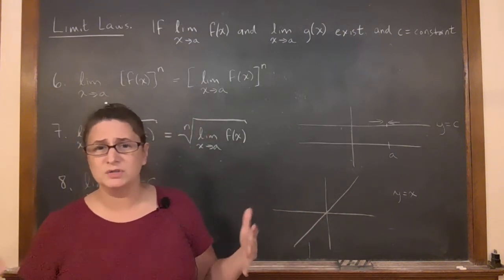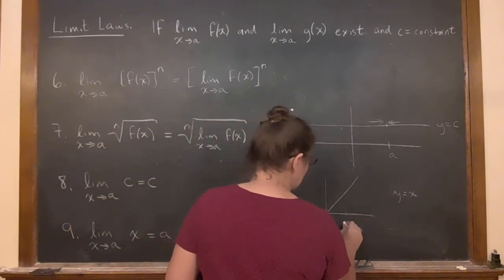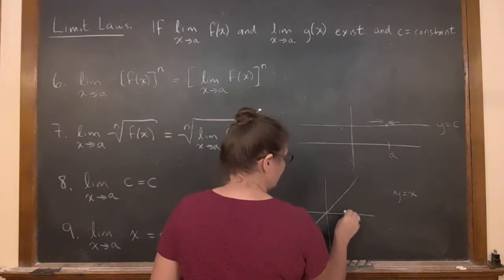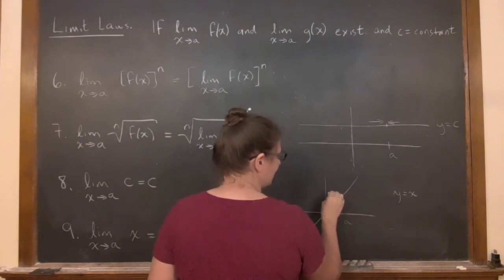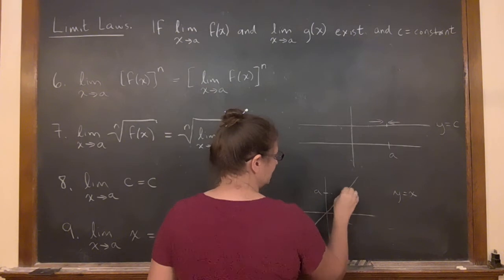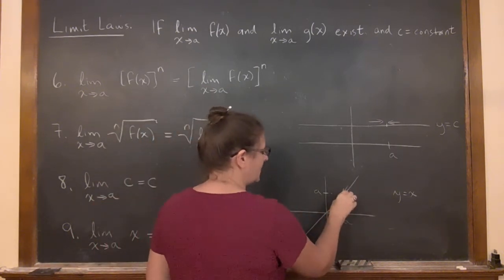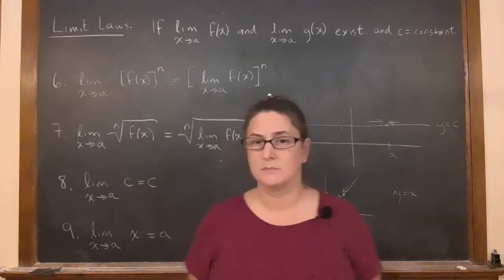There's no holes, there's no jumps, there's nothing exciting. Anytime I'm at some point a, if I go up there, my corresponding y value is also a, and as I go along that line, I'm clearly going to the point a.